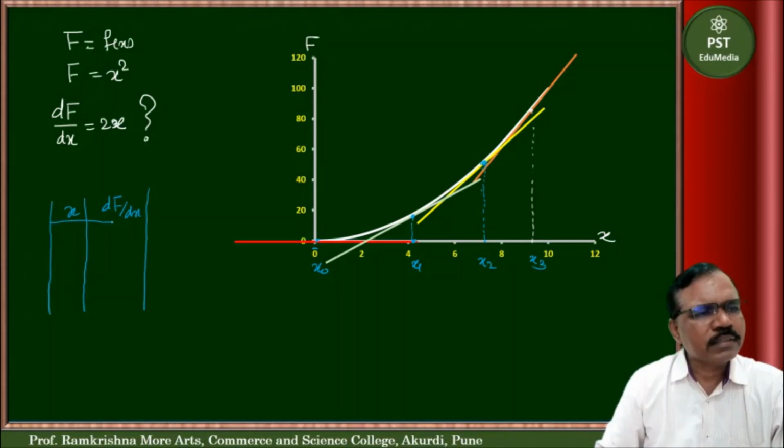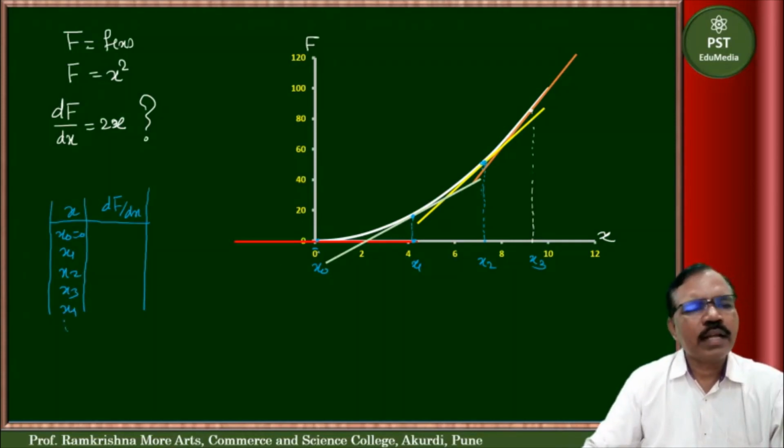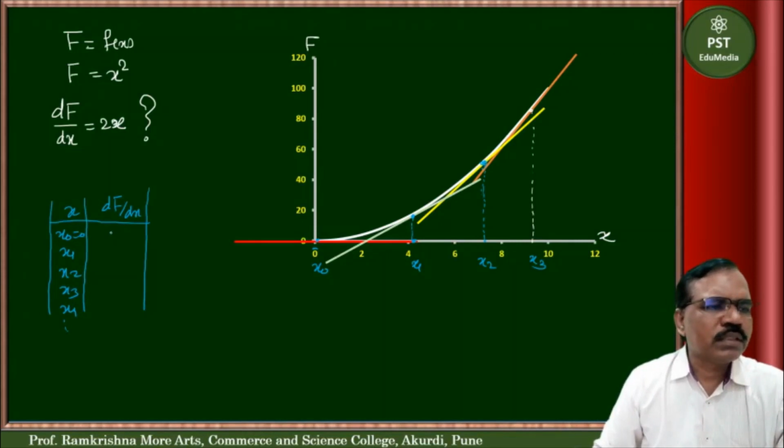So here points will be x0, suppose it is 0, then x1, x2, x3, x4, and so on. Here suppose slope s0, s1, s2, s3, s4, and so on, where s is df by dx, that is slope at that point.